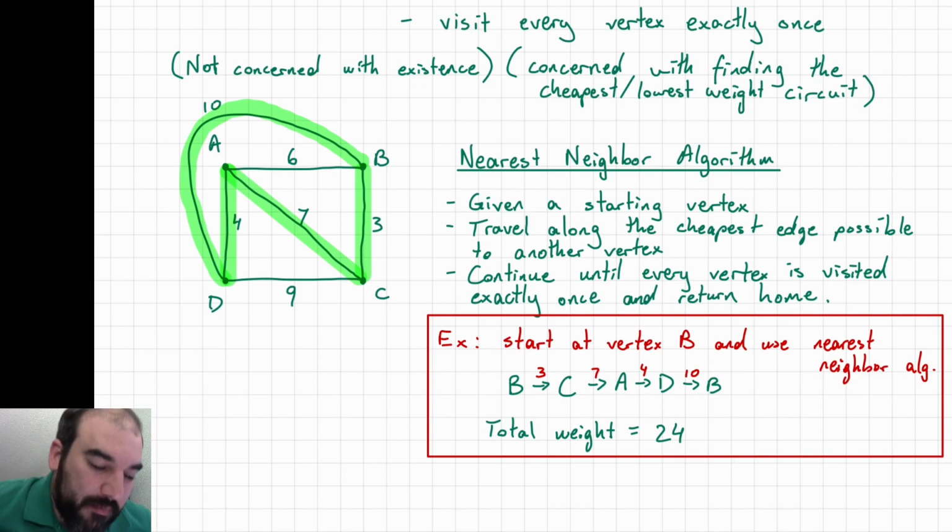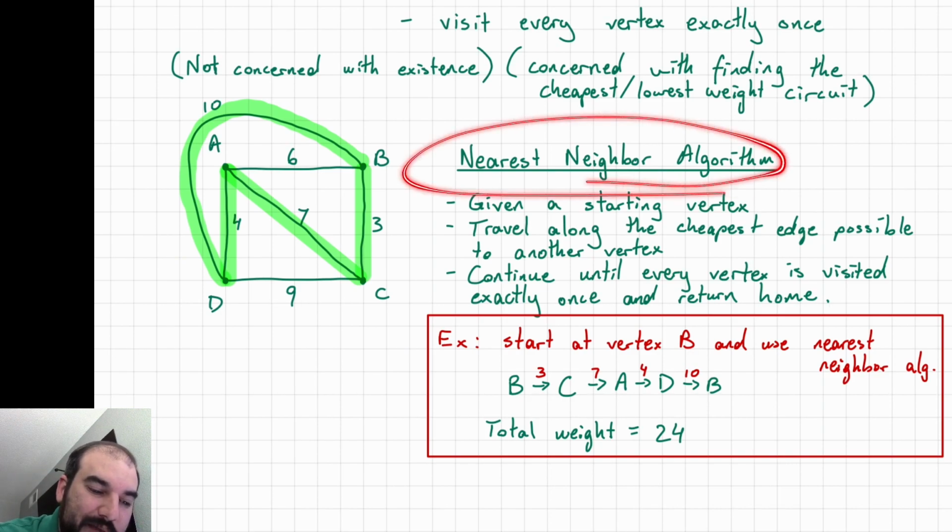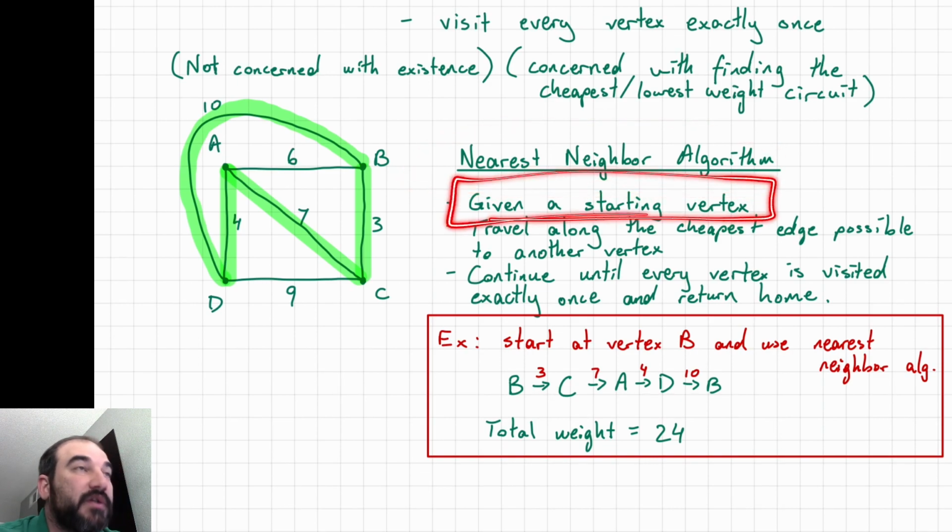Right, so there's an example using the nearest neighbor algorithm. I said that to be able to use the nearest neighbor algorithm, the question has to tell you which vertex to start at.